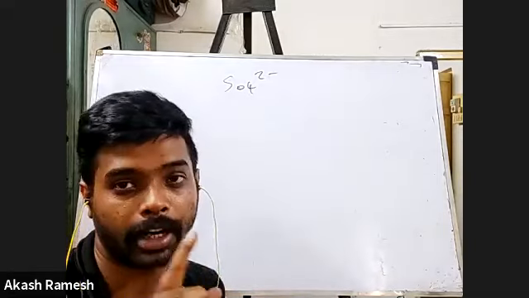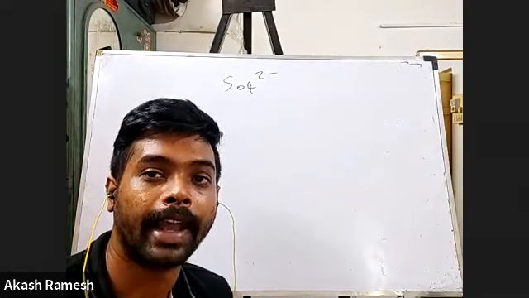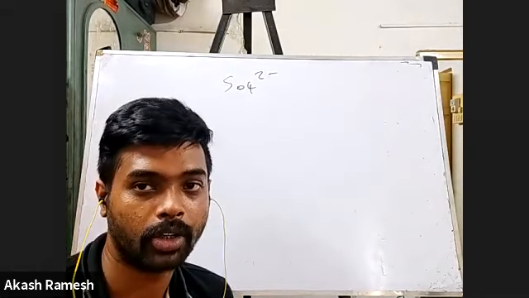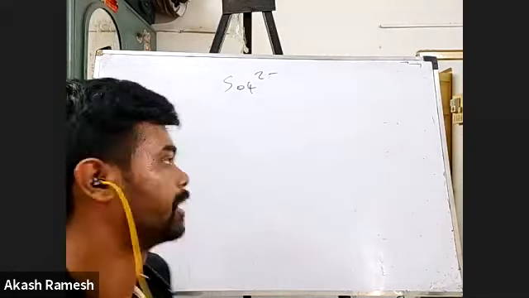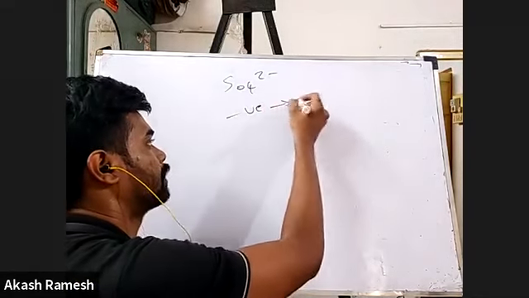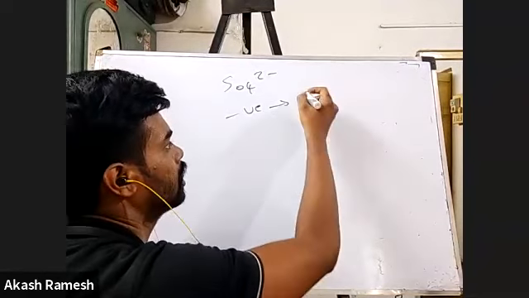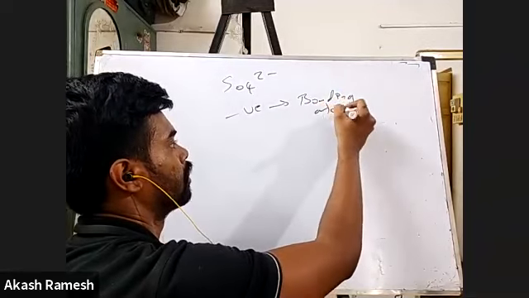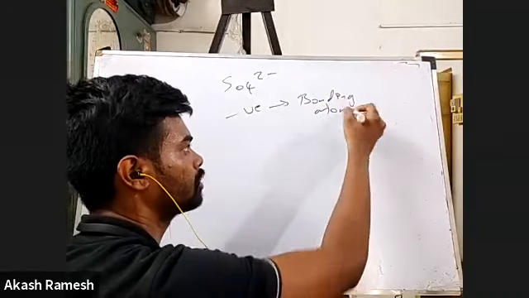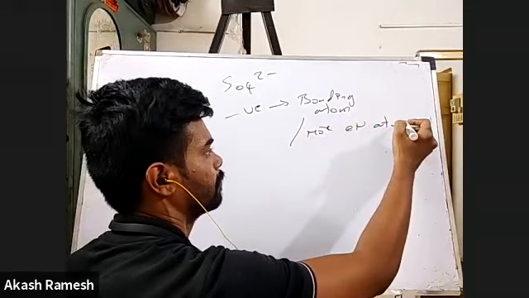Now, I'll give you a trick for this also. So whenever you have negative charge, it has to go to the bonding atoms. Negative charge to the bonding atom or the side atom. Or sometimes what you will do is you will give it to the more electronegative atom.